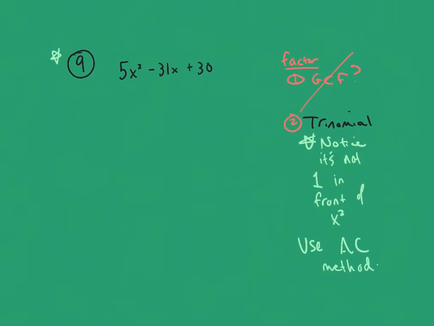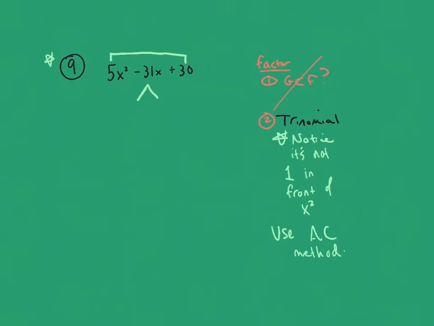AC method is where we multiply the first coefficient and then the last. And what we're going to do is find some factors that we can replace the middle term with. So let me move part of this.